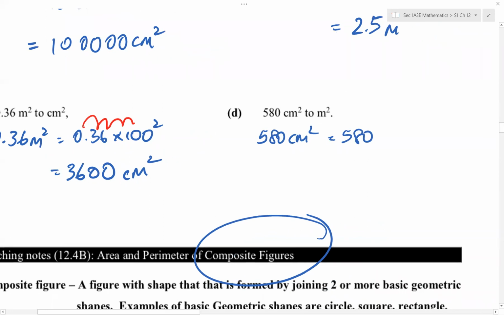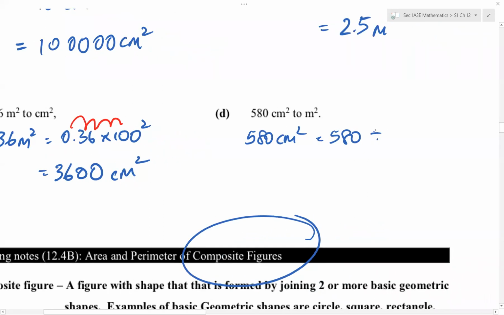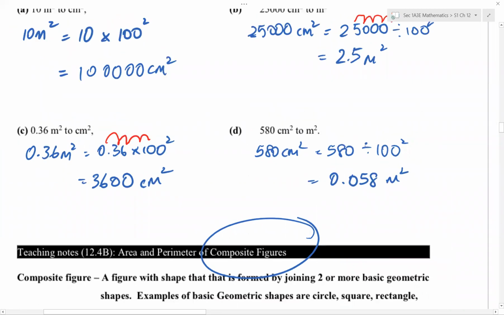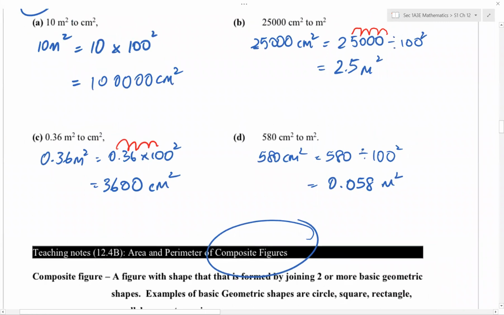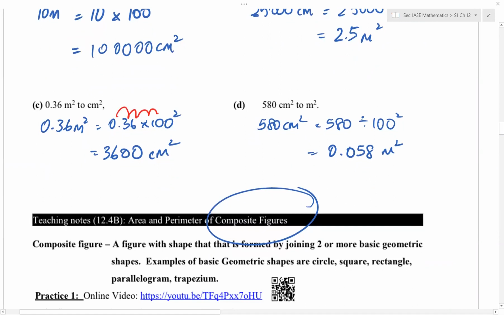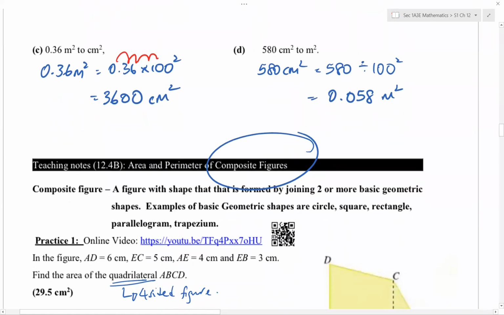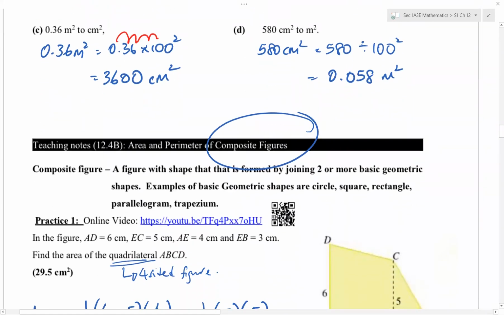Because we're going from cm to meters, we're going to divide. We should divide by 100 and then square it again. So move it 4 times. 1, 2, 3, 4. 0.058. Definitely will be testing. Next.